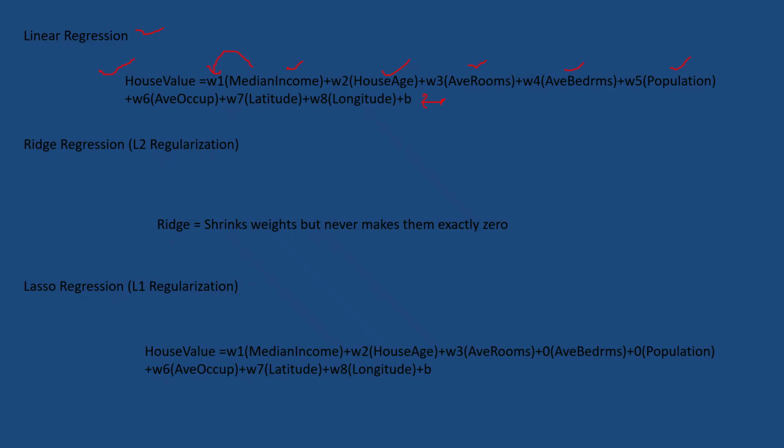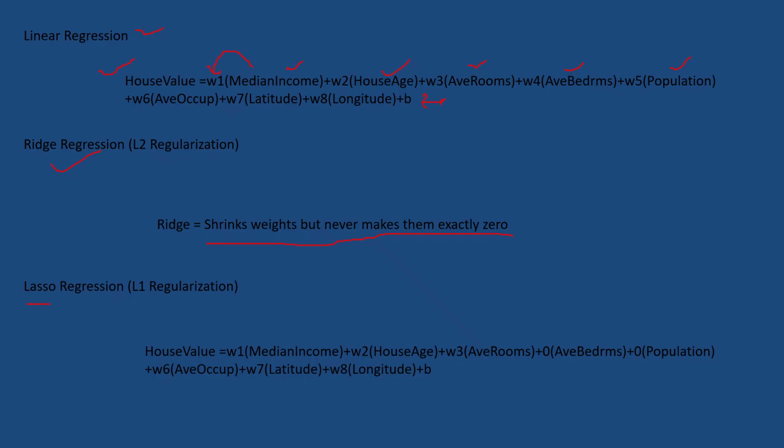Similarly, if you go for ridge regression, what it does is shrink weights but never make them exactly zero. So what it is doing is preventing overfitting by reducing large weights.